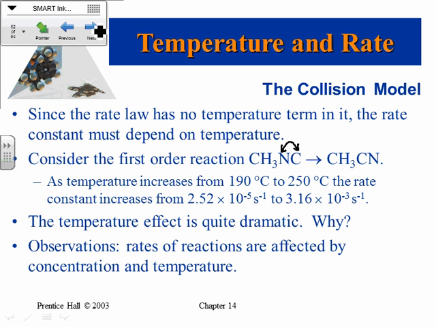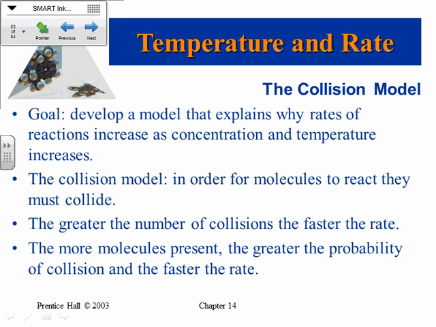That actually is a reaction because there's the breaking and reforming of covalent bonds. As the temperature goes up from 190 to 250, the rate constant goes from 2.52 times 10 to the negative fifth up to 3.16 times 10 to the negative third. That's a big jump. And the question is why, and that's answered by the collision model.